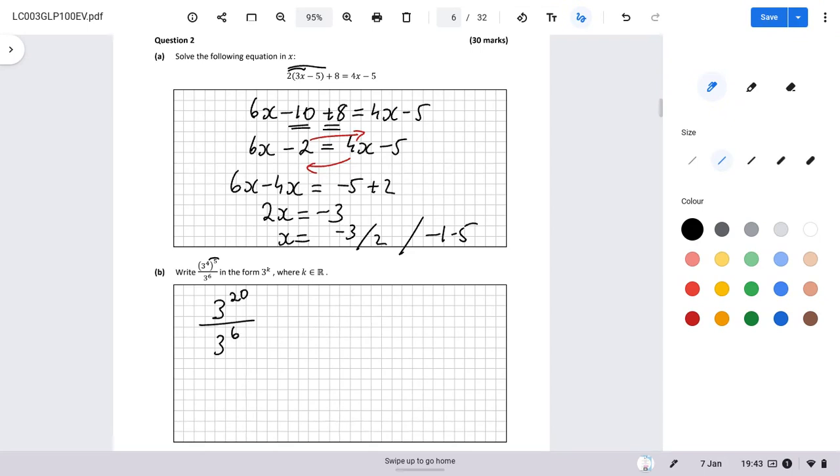If there weren't such big numbers, I'd write out 20 of them 3's and you'd see what would happen. Then there's another rule that says a to the m over a to the n is equal to a to the m minus n. So once we've got the same base, we just subtract the powers. So 20 minus 6, 3 to the power of 14.